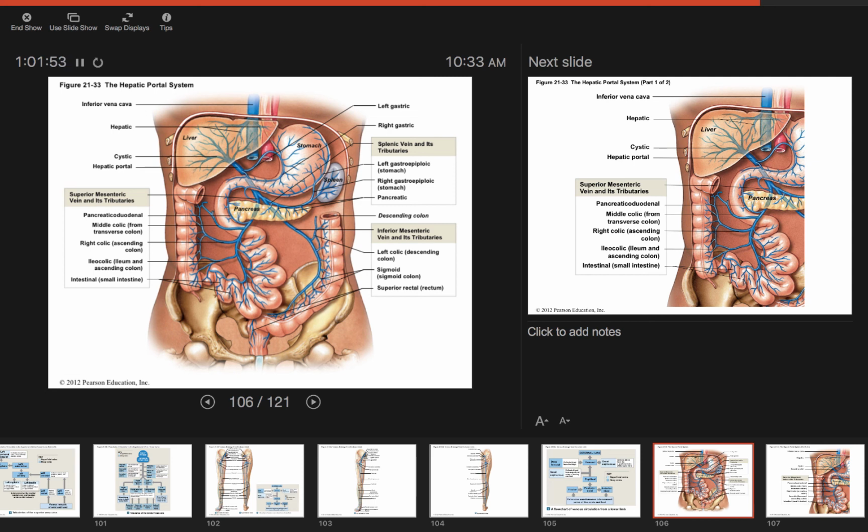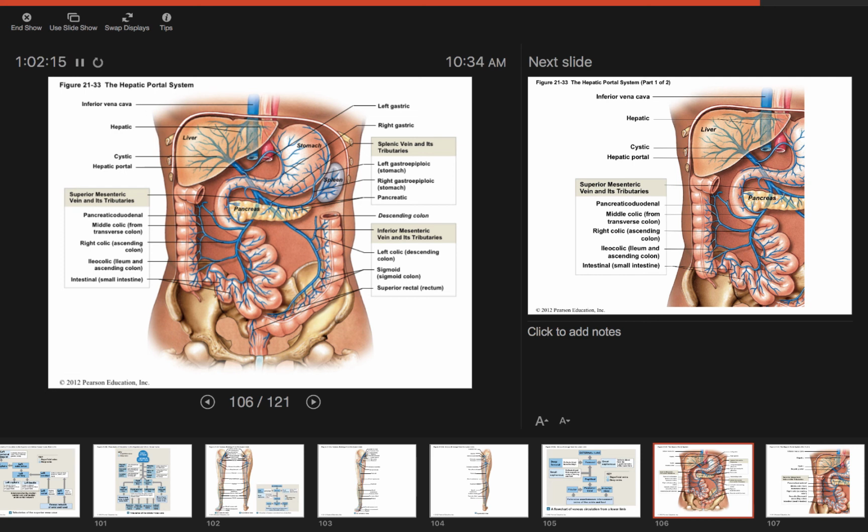So we would see this picture, it wouldn't be on any model. It's going from the intestines, traveling up, joining another vein, and going into the liver. So why do we need that? It's not connecting to the inferior vena cava, it's not connecting to any systemic artery or vein, it's just going from the intestines to the liver.